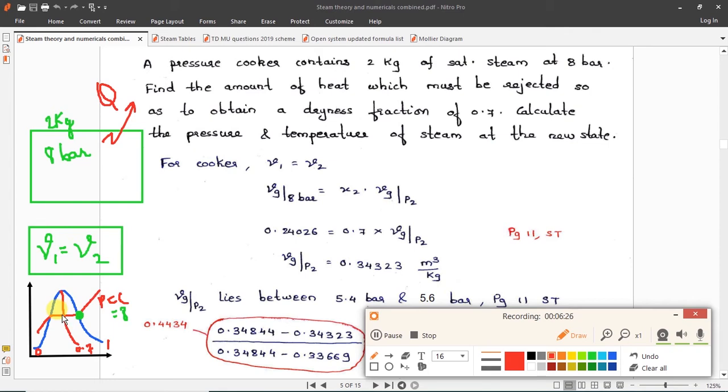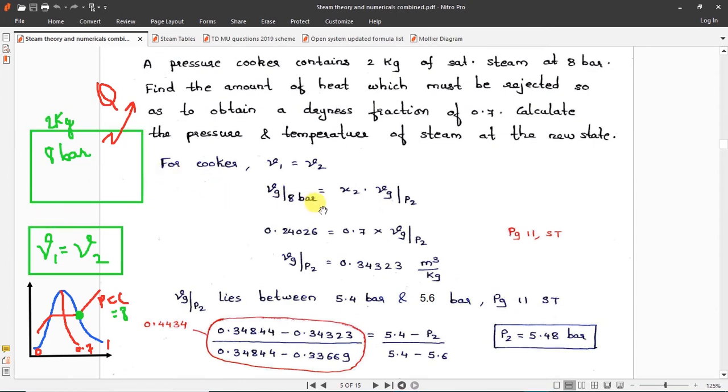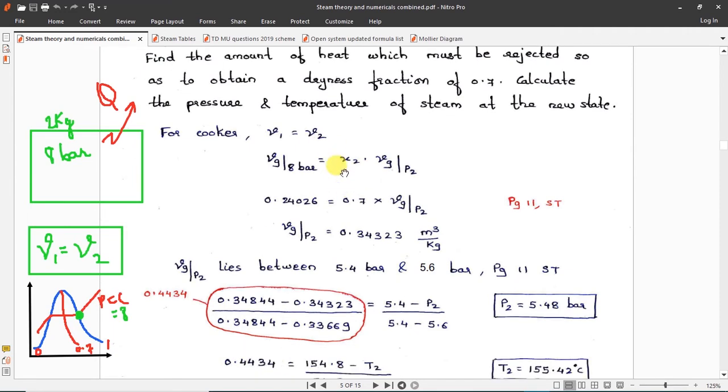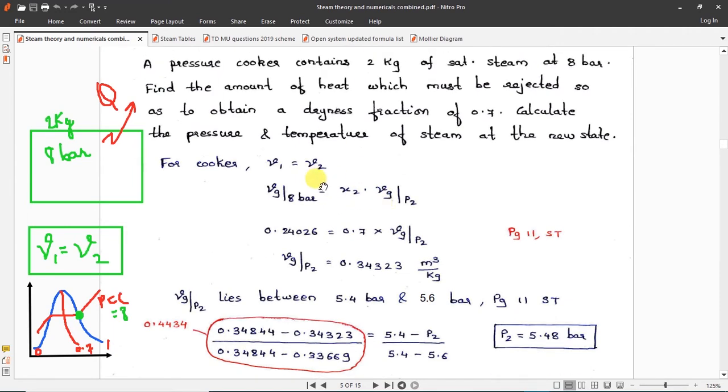So what happens now? We know that point number 2 is wet steam. So what will be the formula for this? It will be x into vg. But this vg will be at which pressure? P2 pressure. That P2 pressure we don't know. We know one pressure, which is 8 bar. P2 pressure we don't know.